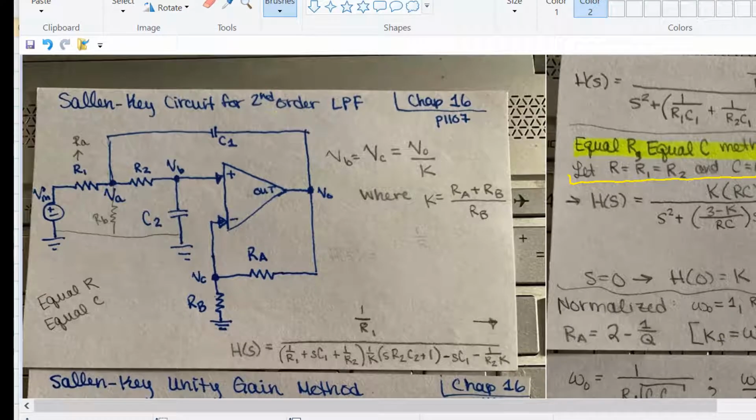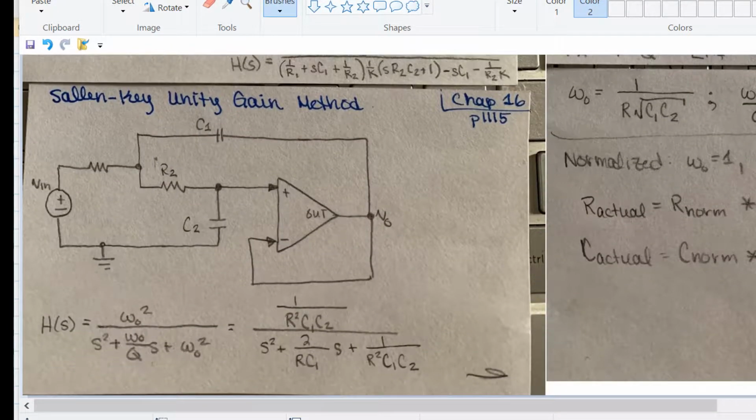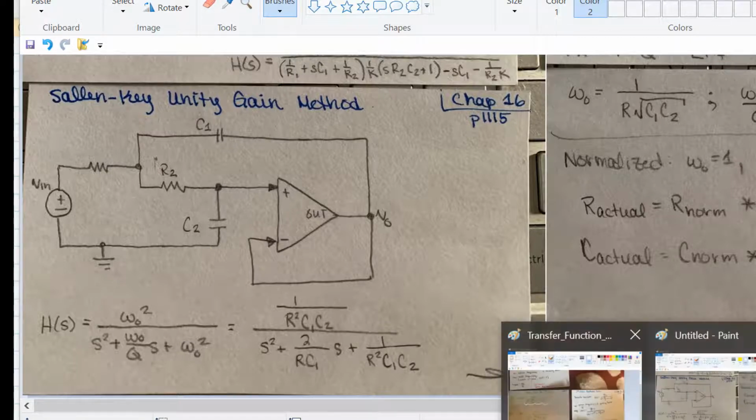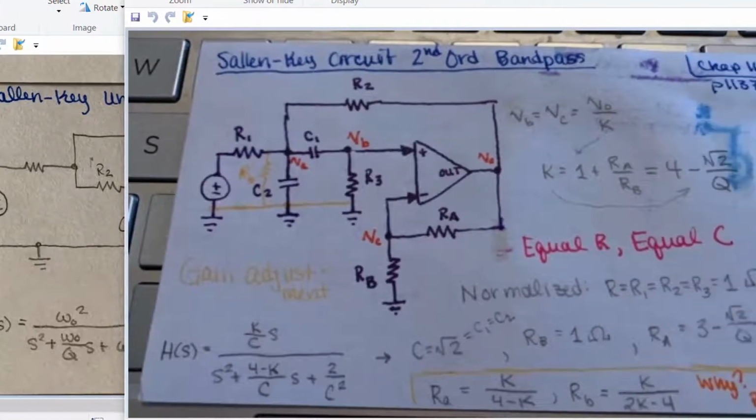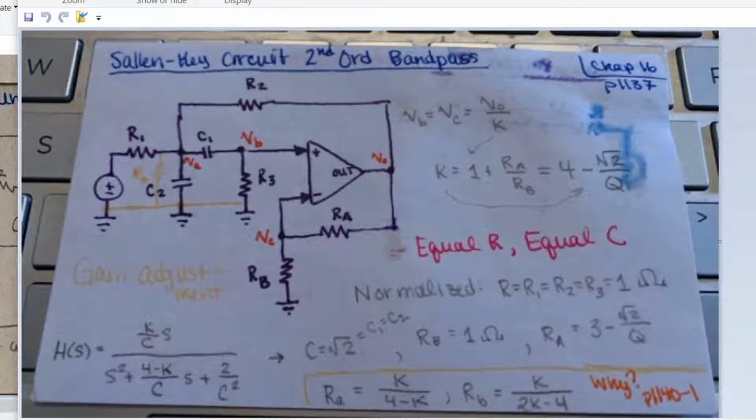I look at the transfer function and the numerator is just a constant, so I know it's also a low pass filter. So those don't work for a bandpass filter.